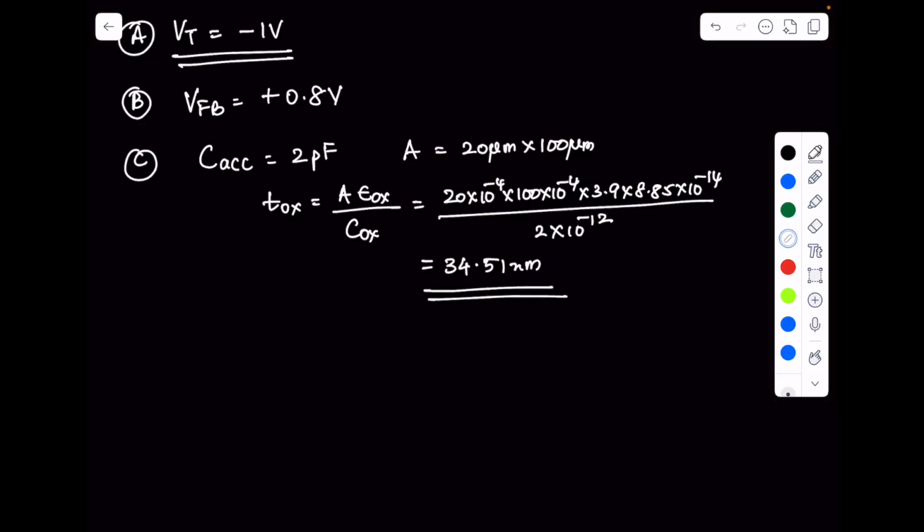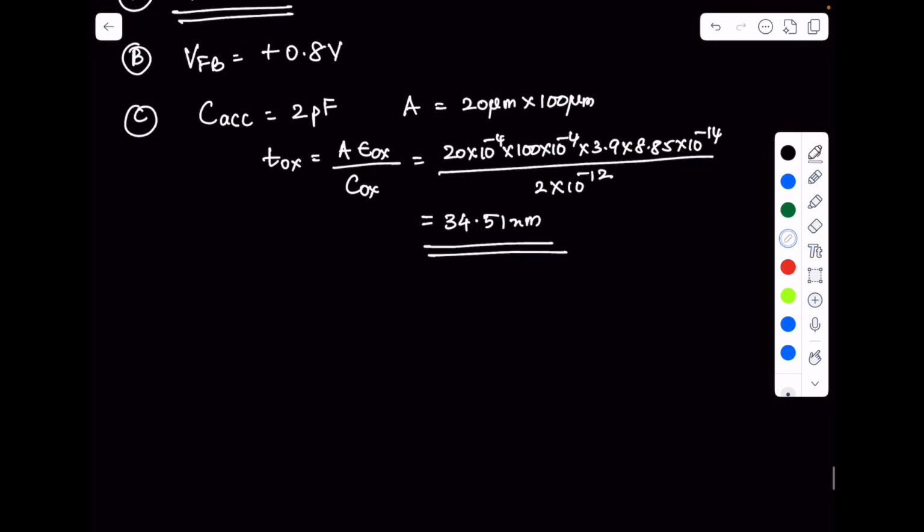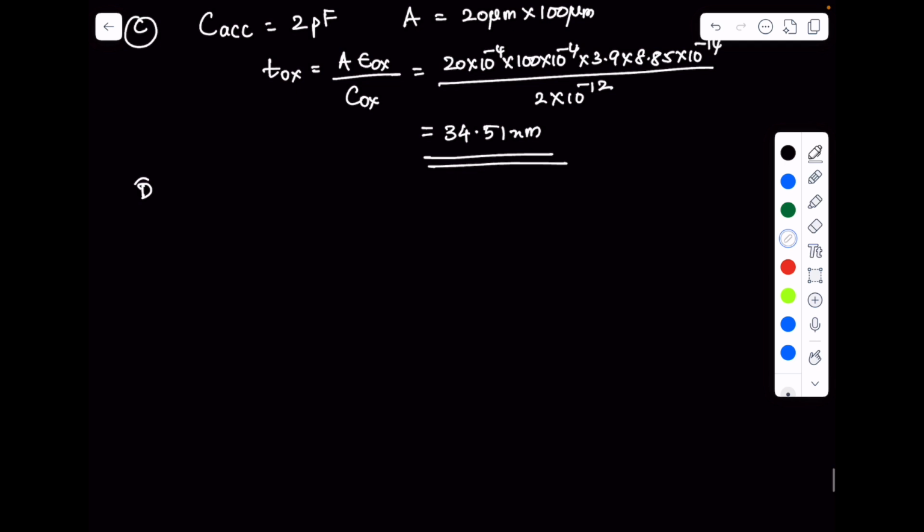Now the next thing you have to identify is the doping concentration of the substrate. Remember the only part of the MOS cap which depends on doping is Cmin, because that's where you see the depletion width of the structure. Cmin in this device is equal to 0.8 picofarads.